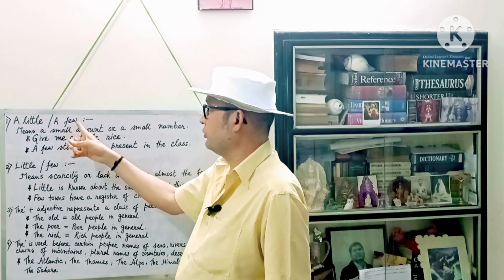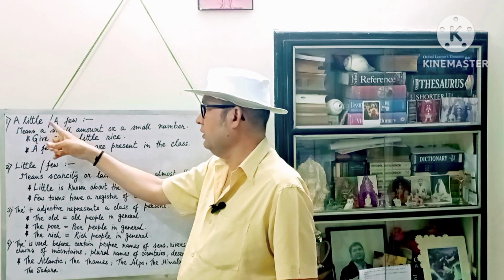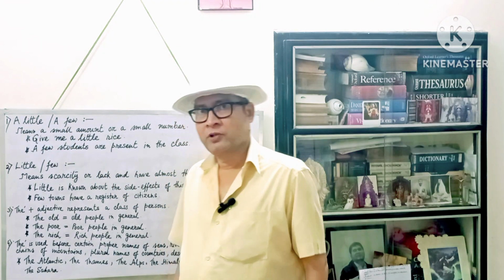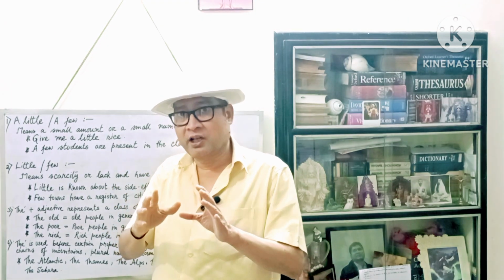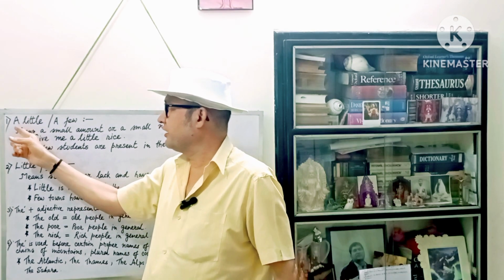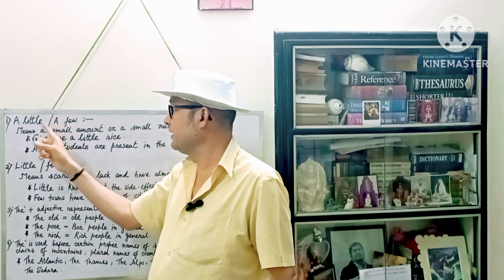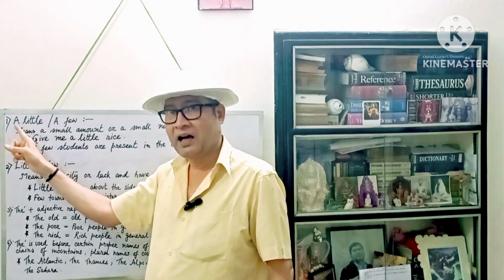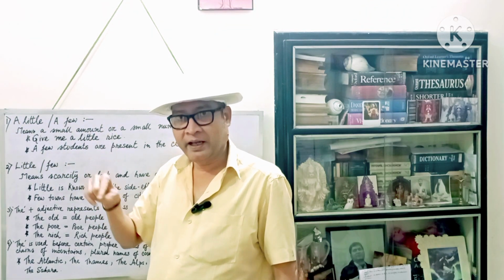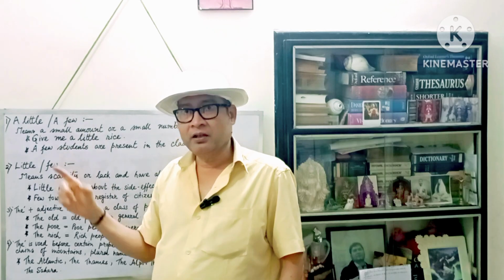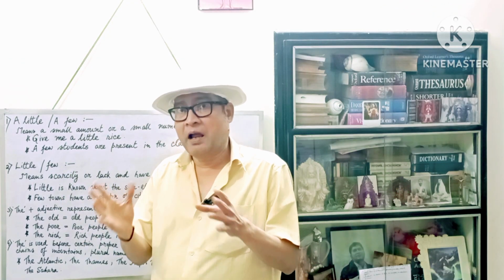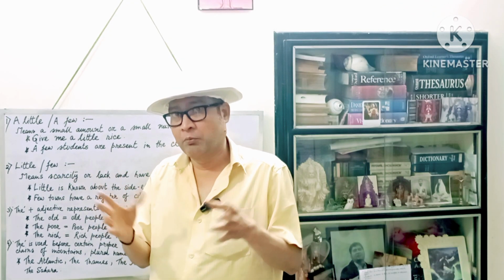Look at these two words: a little, a few. I will draw your attention especially to this article, a. When we use these two words, little and few, with the article a, they mean a certain amount of or a certain number of.